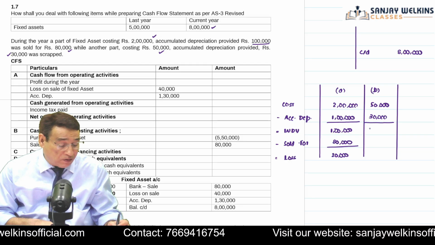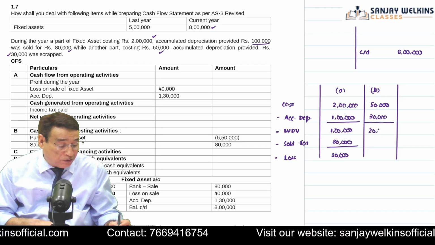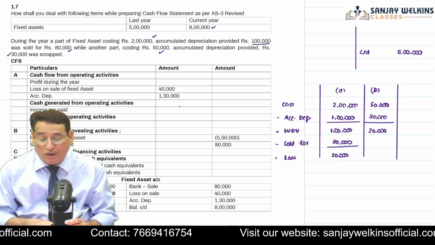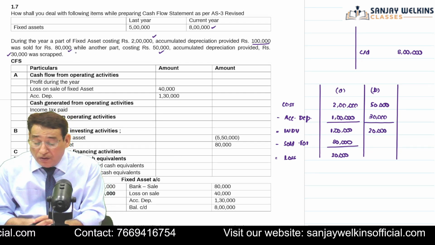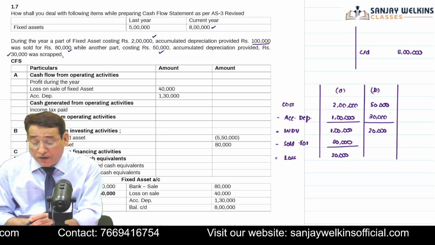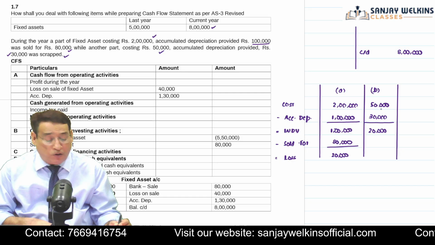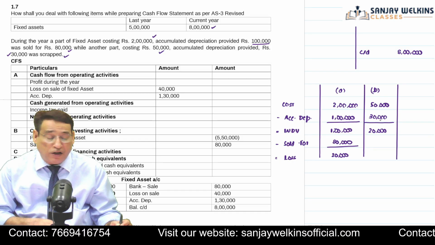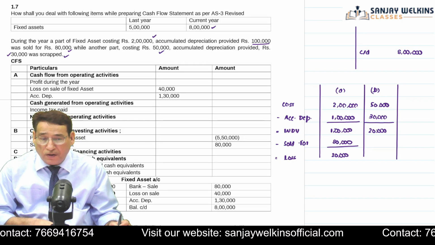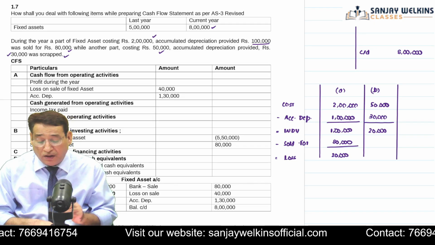So the written down value is equal to 20,000, isn't it?